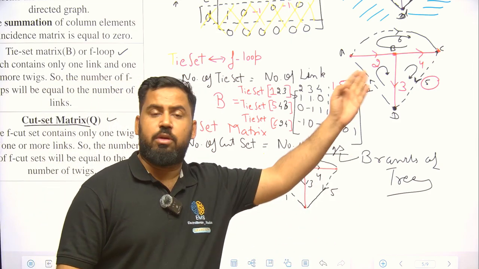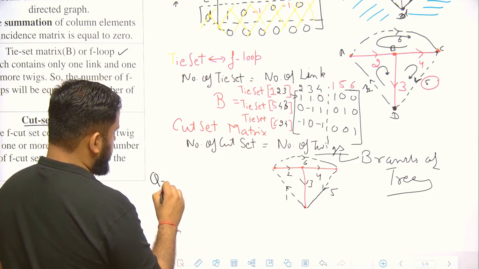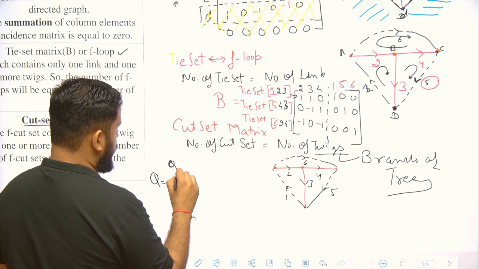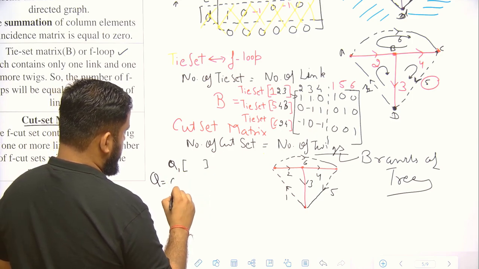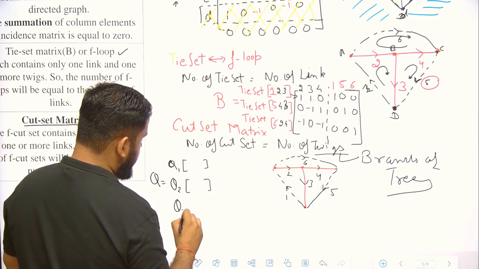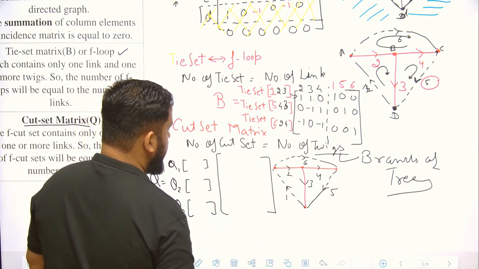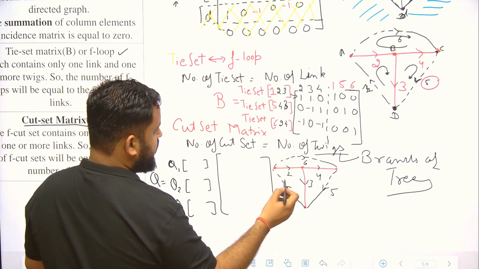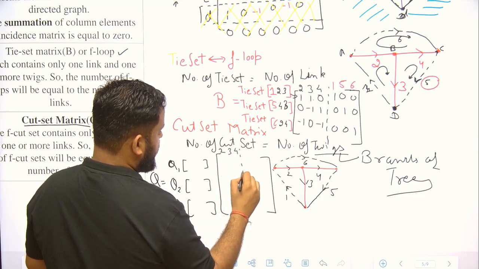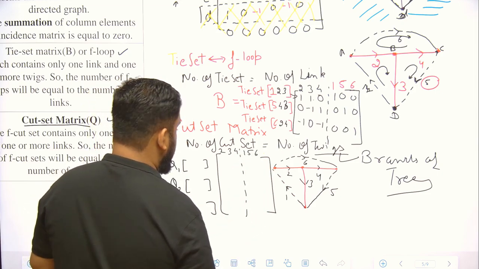So we have the same graph we are using. Now, let's say Q is the cut set matrix. How many twigs do we have? We have 3, so we'll be having 3 cut sets. What are the twigs? 2, 3 and 4 are twigs, and we have 1, 5, 6 as links.